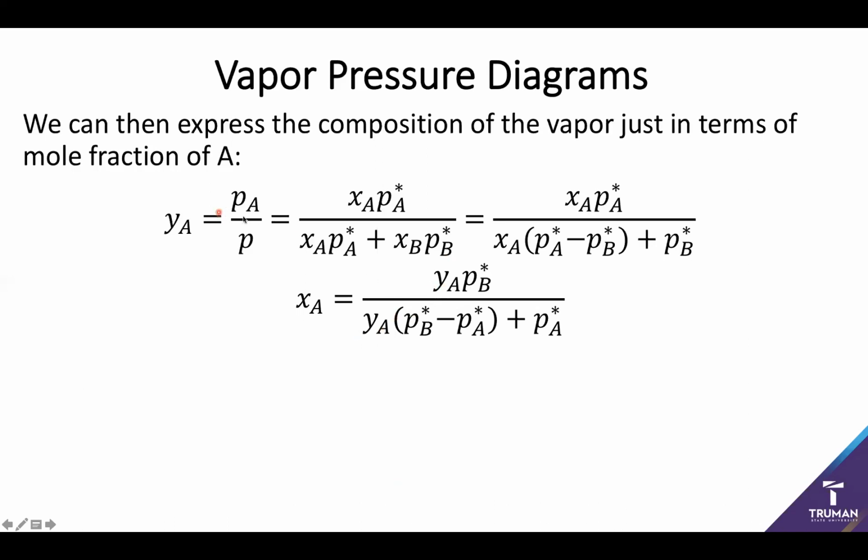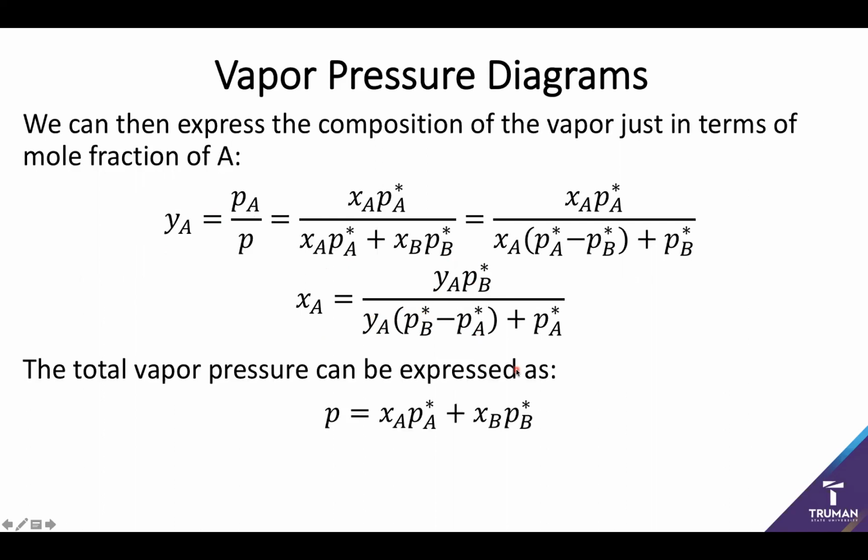So there's going to be a tight relationship between the composition of the liquid and the vapor, and it's essentially going to be modulated by the vapor pressures of the pure A and B phases. And again, all of this assumes an ideal mixture.